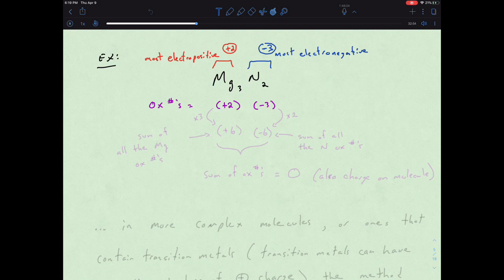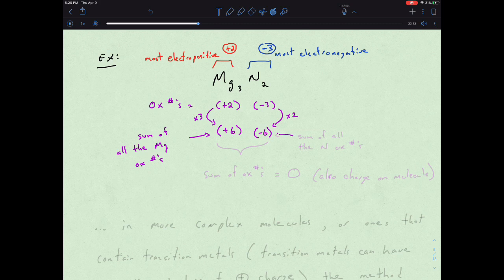Notice that there are 3 of those magnesiums, so that's why we multiply by 3 here, to really represent why we have that stoichiometry of 3 to 2. Now we have the sum of all the magnesium oxidation numbers, and if we do the same thing for the nitrogen, there are 2 of them, and we get a -6.